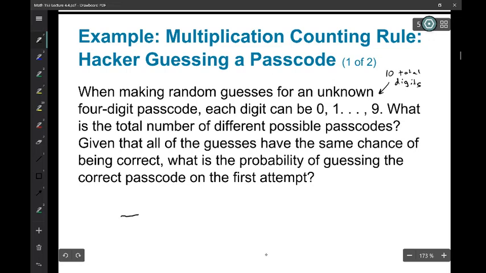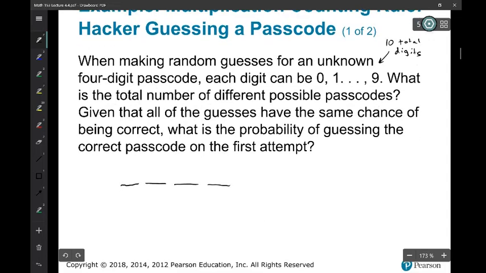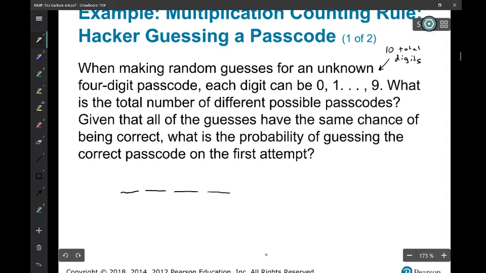It's comprised of 4 events: the event of guessing the first digit, and the next event would be the guess for the second digit, the third digit, and the 4th digit. So 4-digit passcode, 4 events. And each digit is 0, 1 through 9.